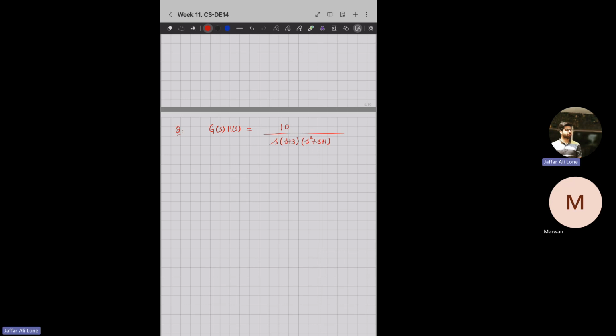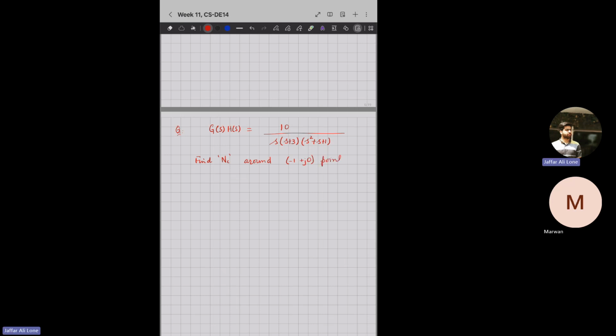So in the question, it's directly given to find the encirclements NC around the -1 plus J0 point.